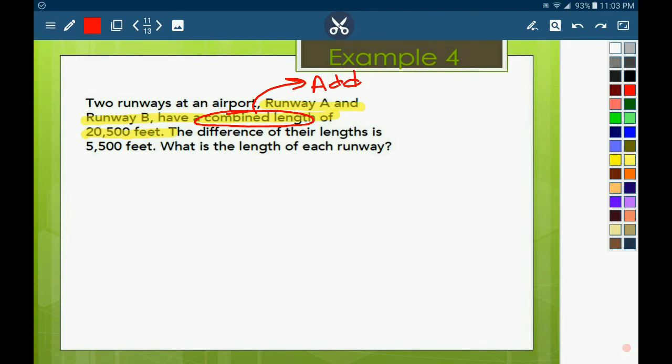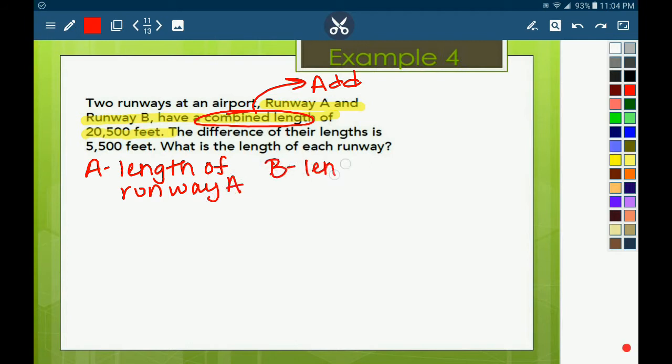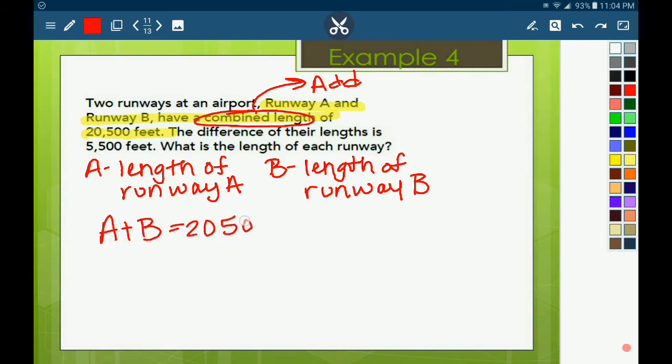So I'm going to create my first system. First, I'm going to define my variables. Let's say that the letter A is the length of runway A. And we'll call B the length of runway B. So in the first sentence, it says add the two lengths together, A plus B, and that should equal 20,500.